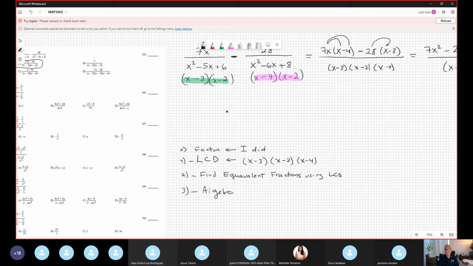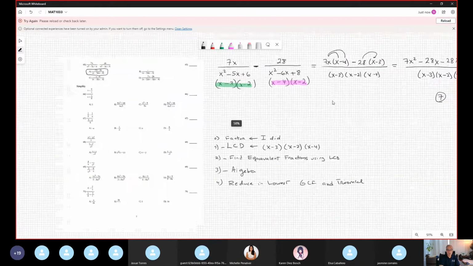Well, distribute and combine later. And step 4 is reduce to lowest terms. What technique to reduce? Well, you factor. In this case it was GCF and trinomial. Cool.